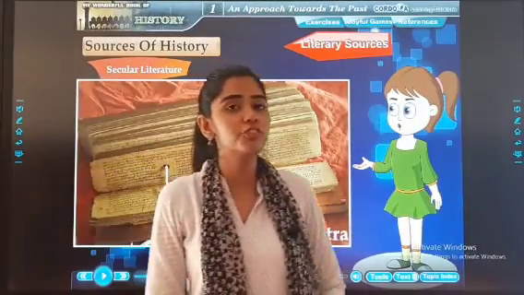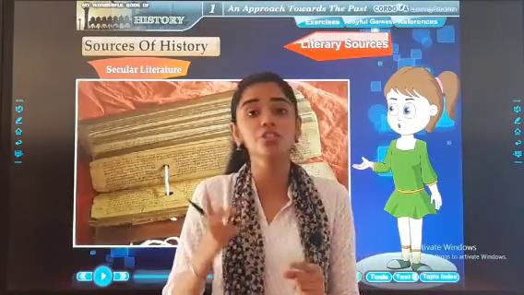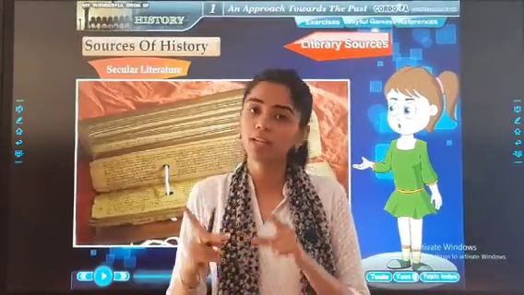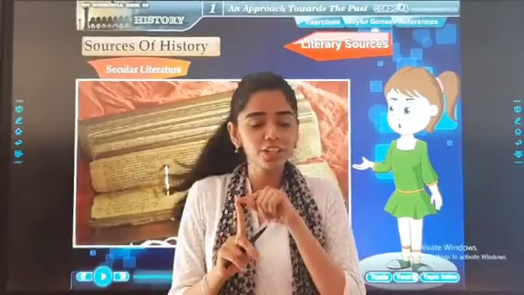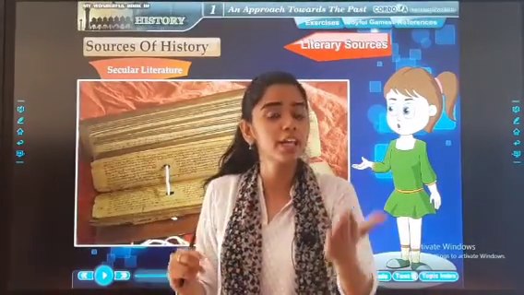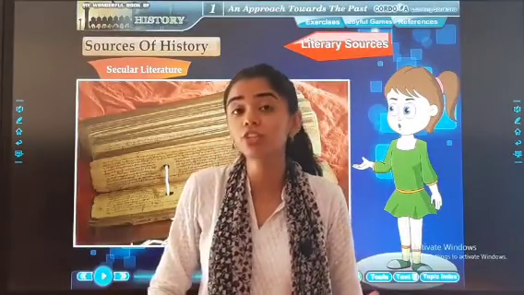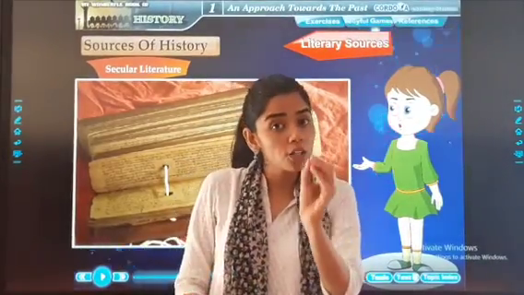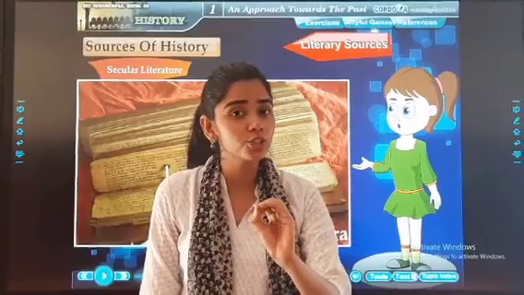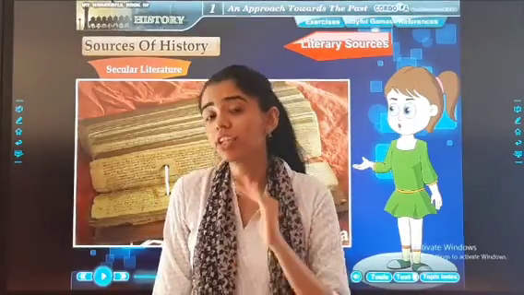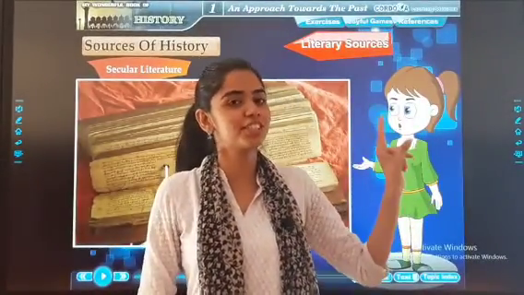Now the main difference between religious literature and secular is what? Religious is related to religion, definitely the Hindu religion, the Jain religion, Islam. So all the literature related to religion will come under religious literature.